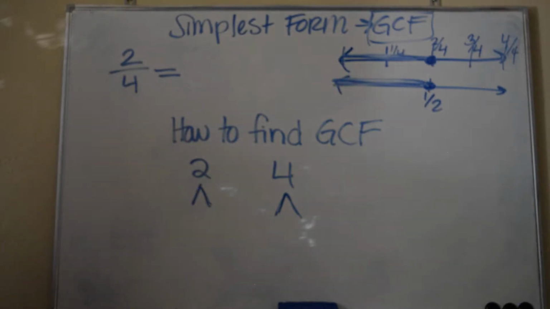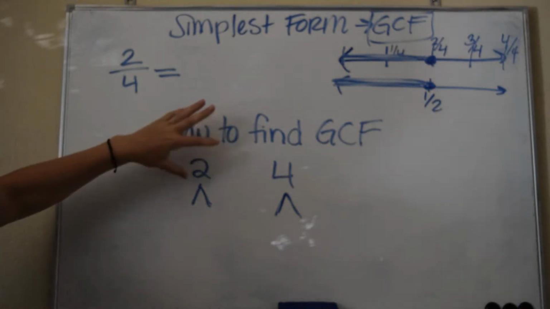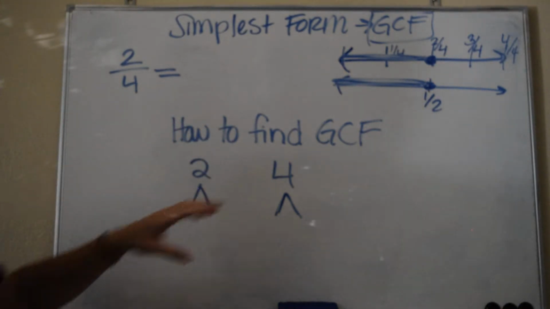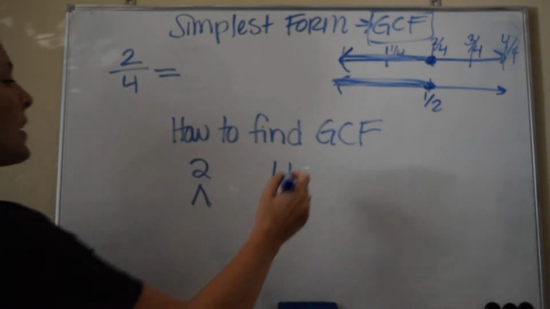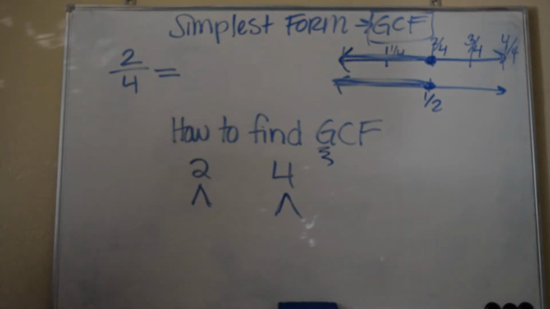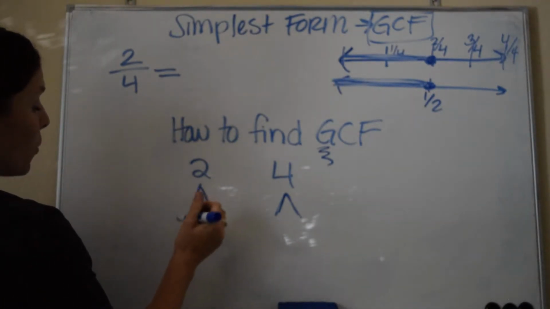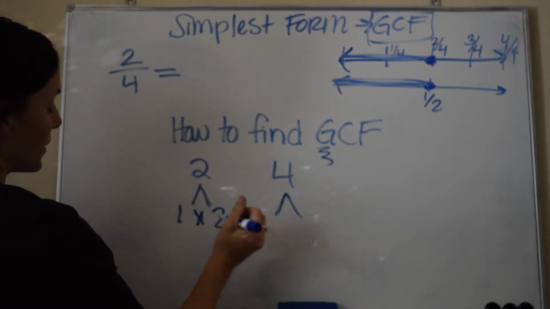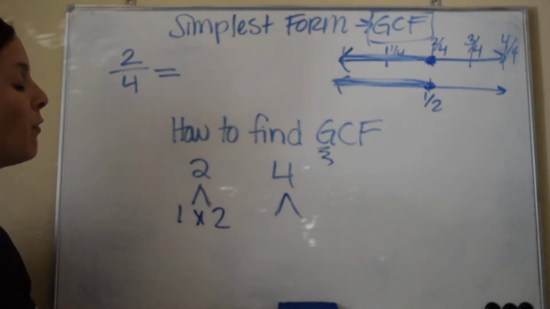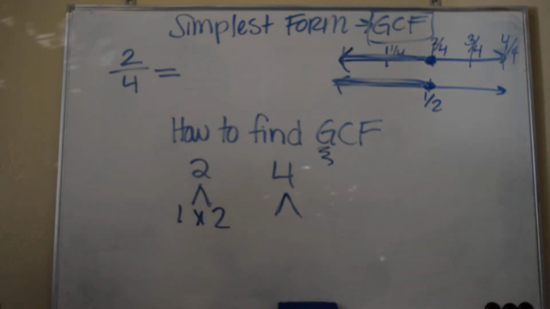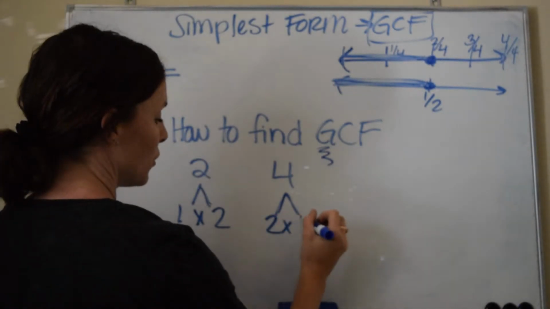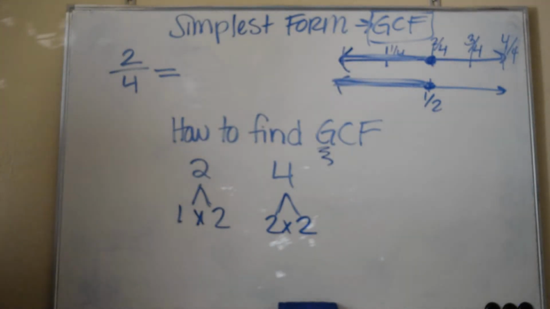Factors are numbers that multiply and give you 2, or numbers that multiply and give me 4. Notice I want the greatest one, so try and think of your greatest factor or fact family that gives you 2. Well, 2 is a really low number, and the only numbers that multiply to 2 are 1 and 2. But out of 4, all the factors of 4 are 1 and 2. So I'm going to pick the 2 because that's the greatest one for 4.